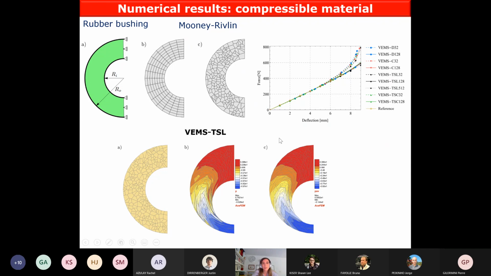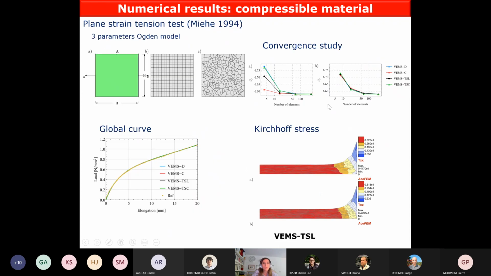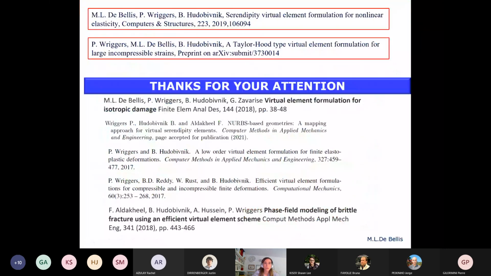Okay, that was the last example, but no problem, I can go on at the end. The results presented in this presentation are from these two papers, one from 2019, Serendipity Virtual Element Method, while now, very recently, we extended the formulation to the incompressible case.